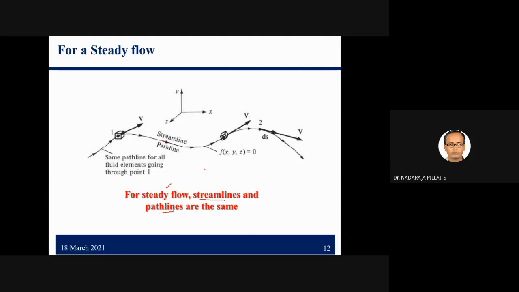Now, let us think a little and have some derivation. For a given flow field, we want to write the mathematical equation for a streamline, as shown in this particular diagram.